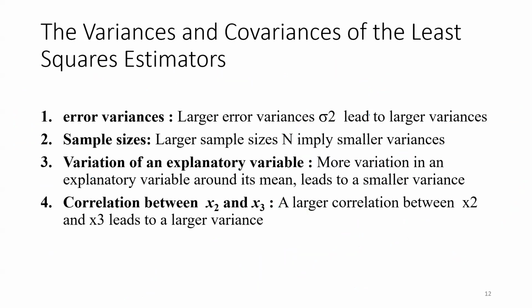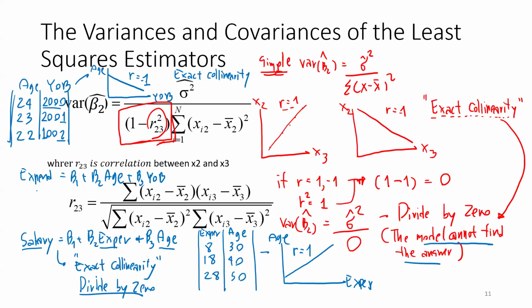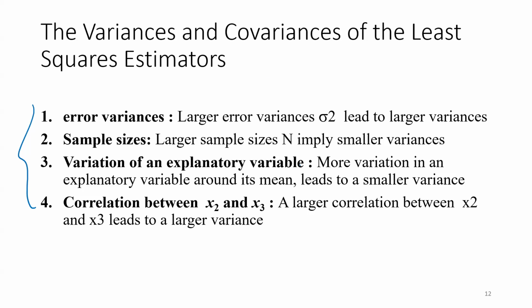Then the variance and covariance of the estimator depends on, first, the variance, second, sample size, third, variation of the explanatory variable, and fourth, correlation between x2 and x3. So all four are the explanation of this formula.